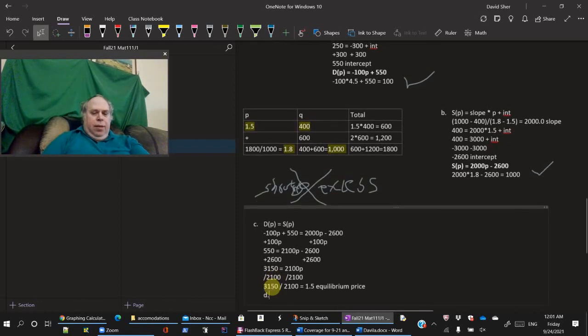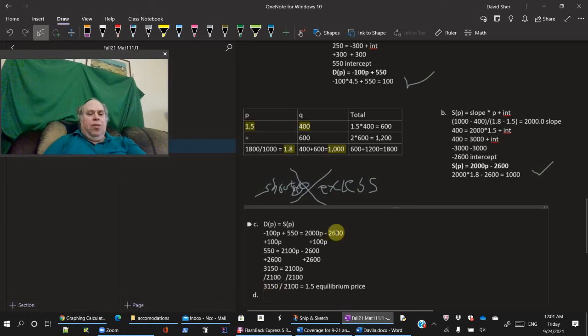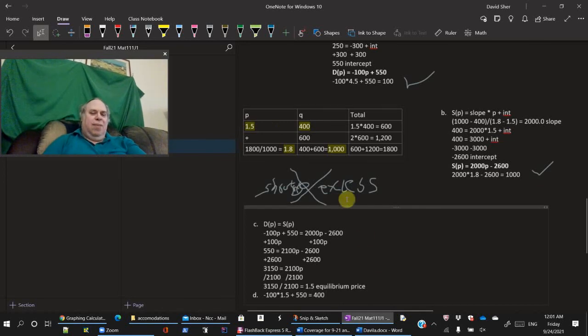Now, let's find out the equilibrium quantity. When I plug $1.50 into both these formulas, I should get the same number. Let's see if that works. Negative 100 times 1.5 plus 550 is 400. Now it's on this table right here.